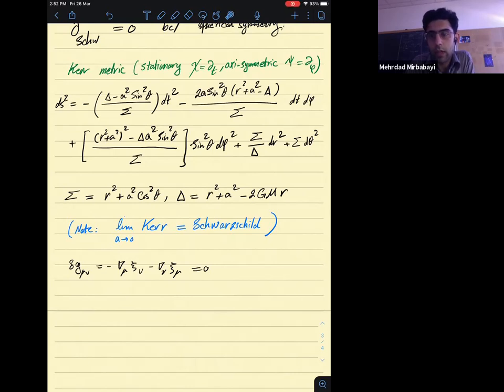So even though it had the dependence on theta, it had full spherical symmetry. So it's not always possible to make the symmetries of the metric manifest by a choice of coordinate system. Anyway, here is the case. There are these two isometries, and they are manifest at the level of the metric.